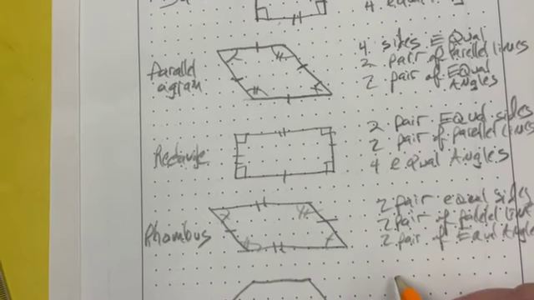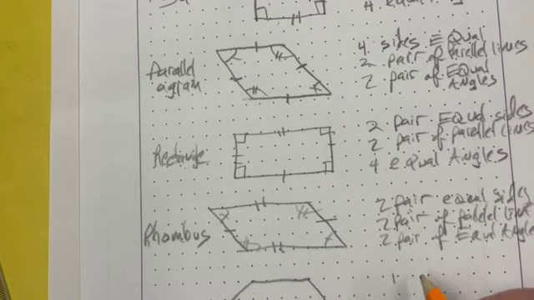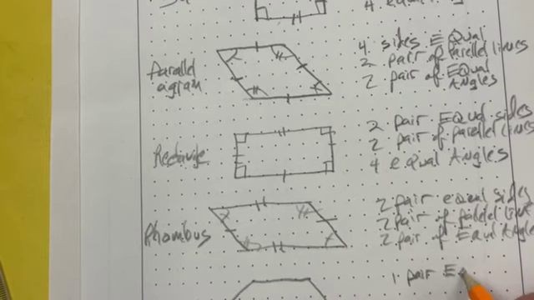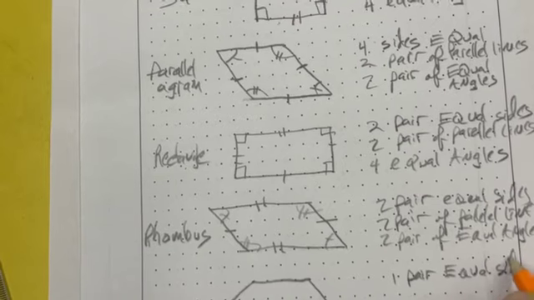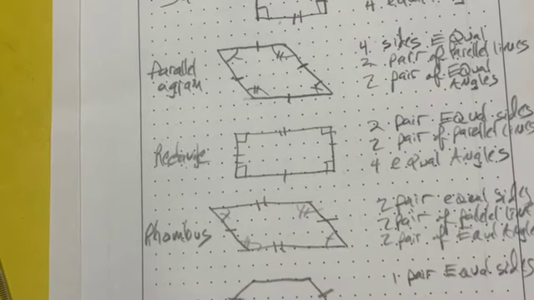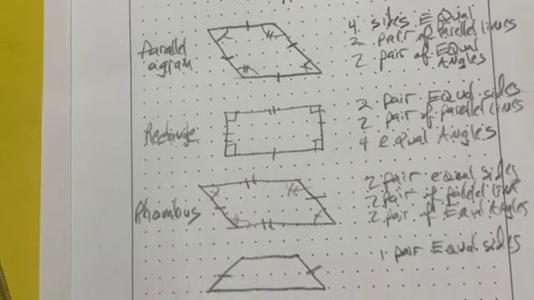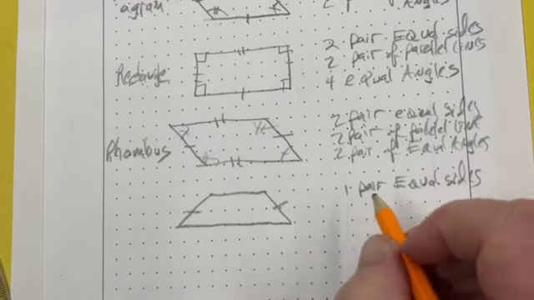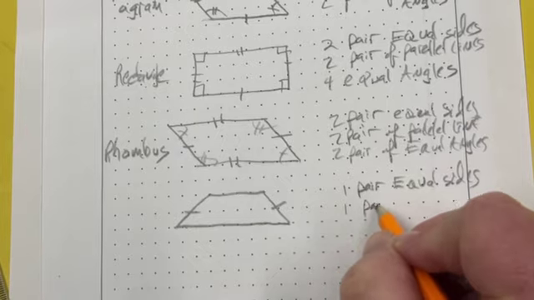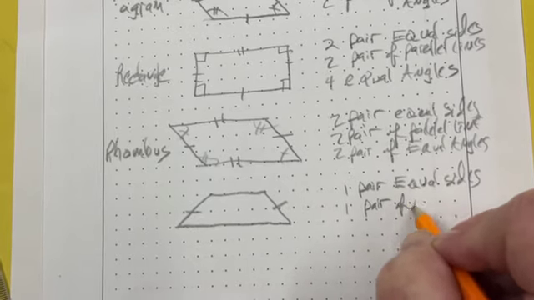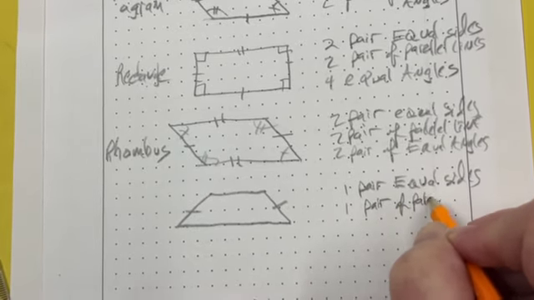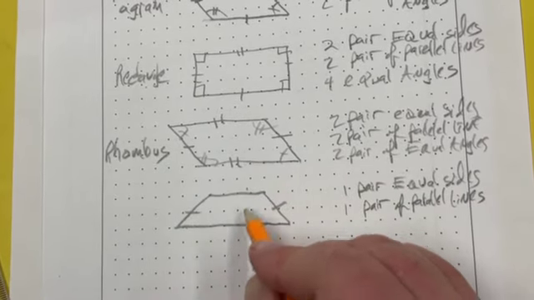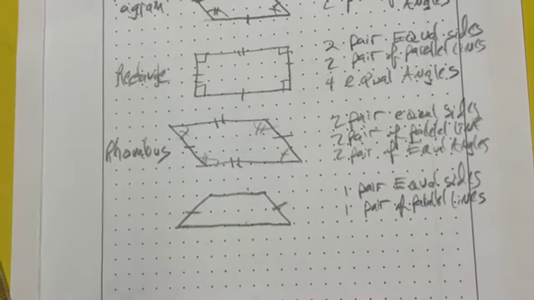And this one, it's a special kind. So now we have one pair of equal sides. That's this one and this one. And we have one pair of parallel lines. That's these two. Those are the parallel lines.